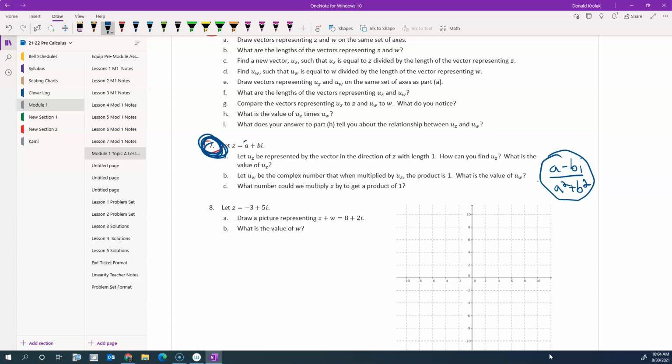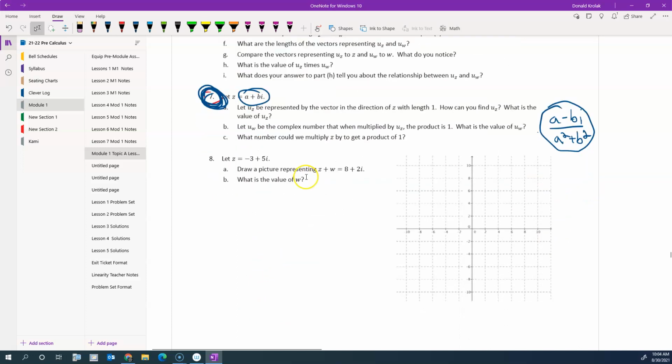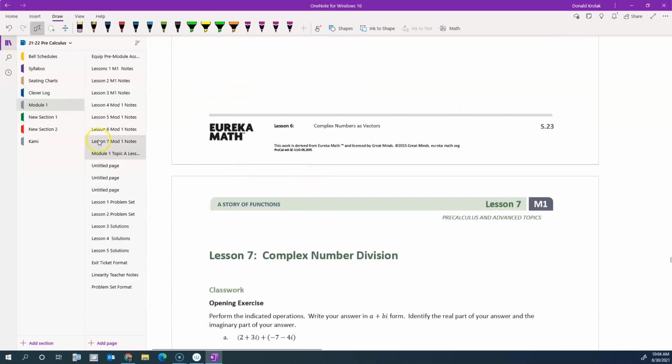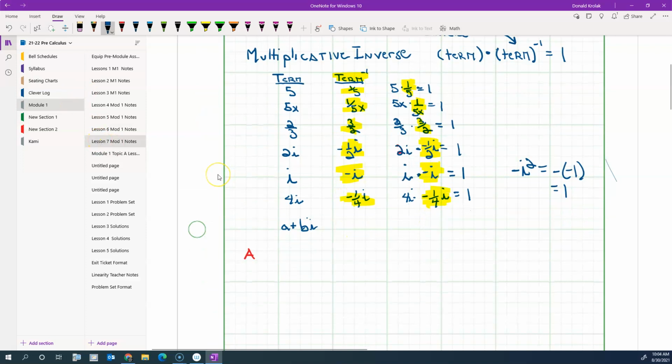So if you've got a complex number, this is equal to its multiplicative inverse. And we're not going to go through the derivation of it again, but that's what we came up with when we did all the work last week. All right, so the multiplicative inverse here is going to be a minus bi, so that just means the opposite of whatever b is, all divided by a squared plus b squared.